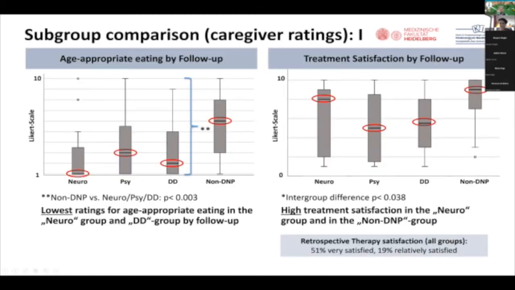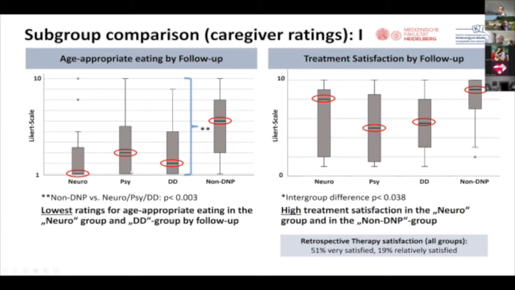If we compare now the subgroups, you see in the first slide that still after a long time, the neuro group, as we expected, has quite a lot of eating problems. Even more than 3 years later, the children of this group had quite a lot of problems.